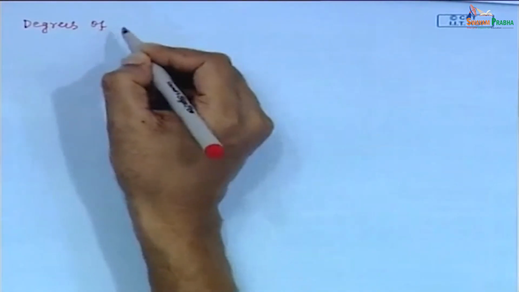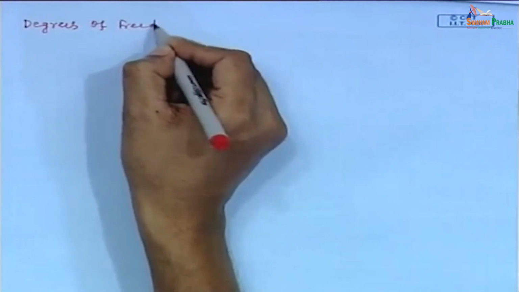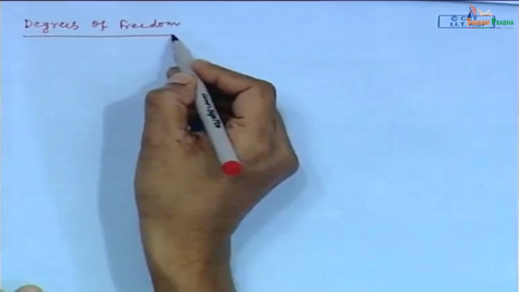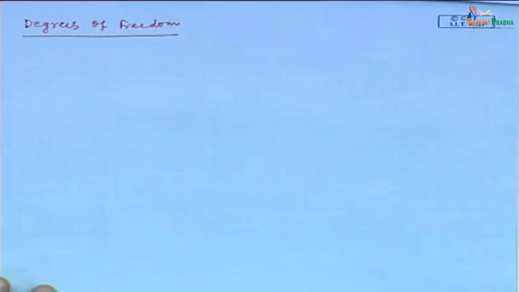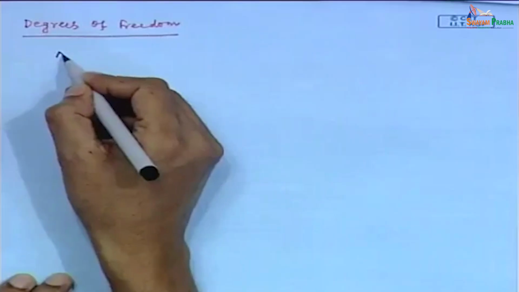Degrees of freedom. Here we will consider the example, as in the development of the distillation model, where N is the total number of trays excluding condenser and reboiler.